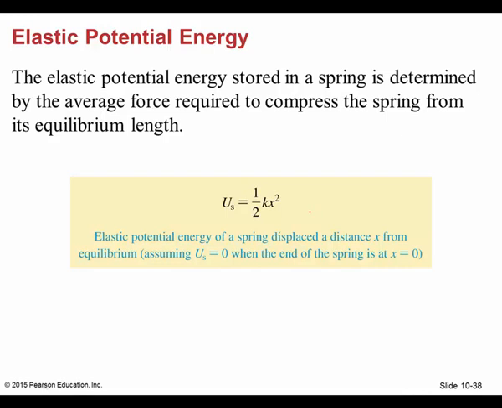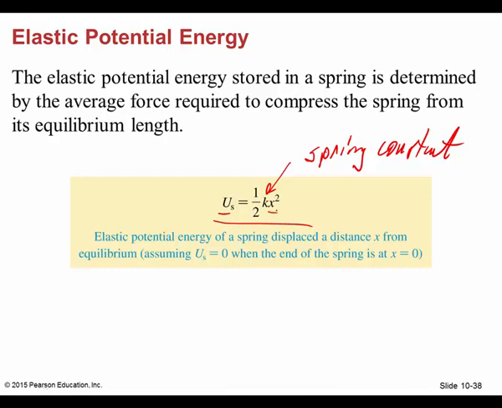So notice here, this is very similar to our kinetic energy equation, isn't it? It sure is. The only thing different here is that K, that is called the spring constant, okay? That has to be given to you, the spring constant. You could solve for it if you knew this and knew that.